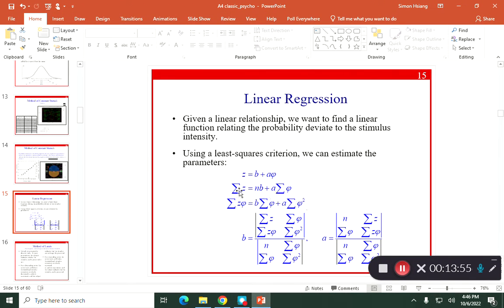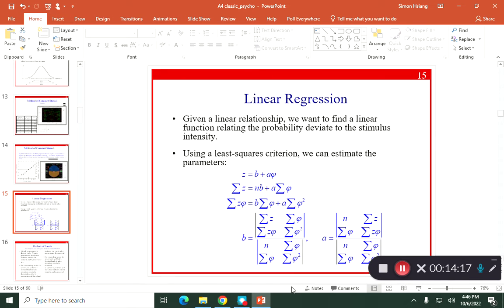What do you know? You know summation z. You know b, you know n. You know summation phi. You know summation z times phi. You know summation phi square. The terms you need to estimate are the a term and the b term. So you have two simultaneous equations.